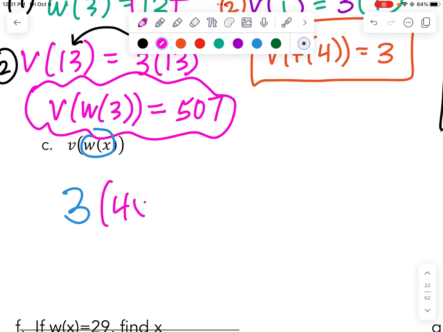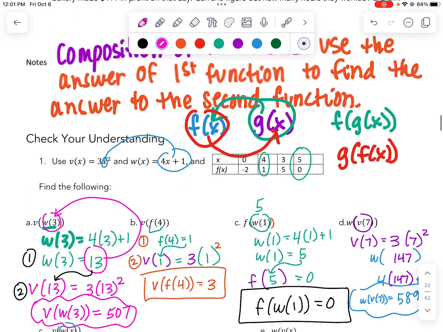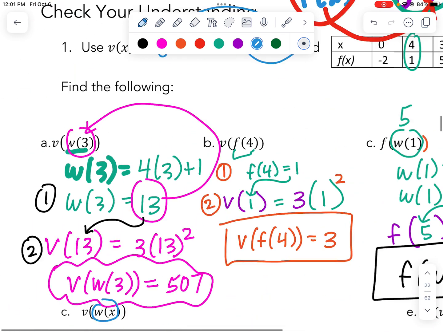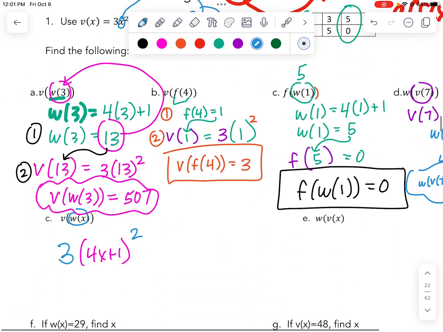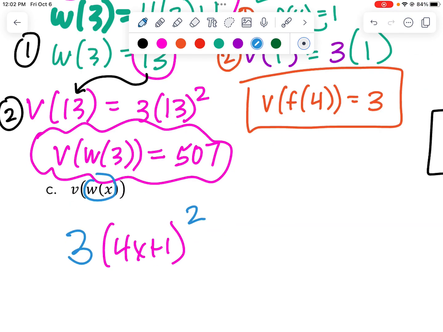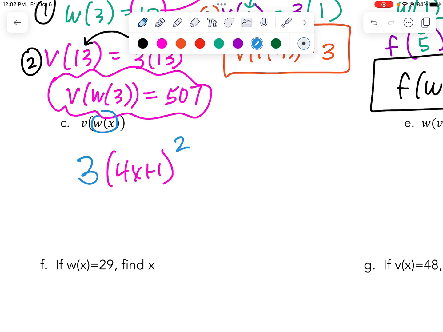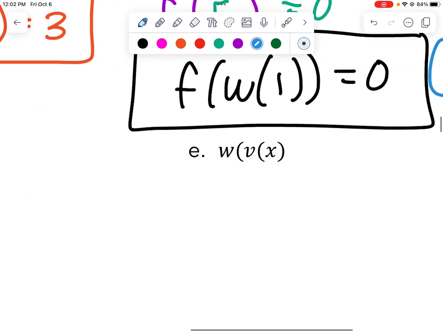So 3 times 4x plus 1, and then it was squared. Okay. So this is what it would look like, v of w of x. And then here, we haven't learned how to multiply out this right here, so I'll just leave it like this.